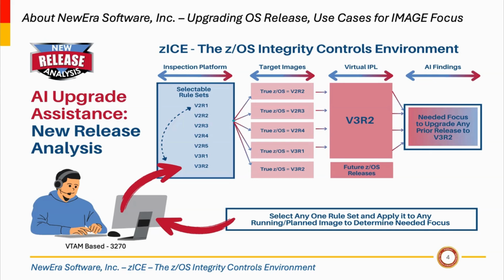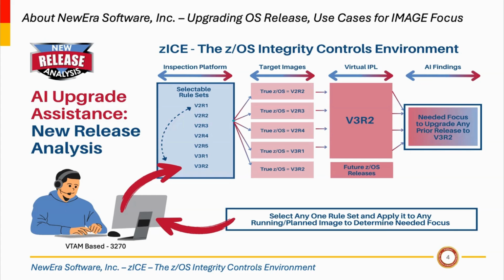Of course, it's critically important that the base system that he's asking to be compared against the 3.2 rules inspect clean against its own specific set of rules, and image focus can make that possible for him really easily.